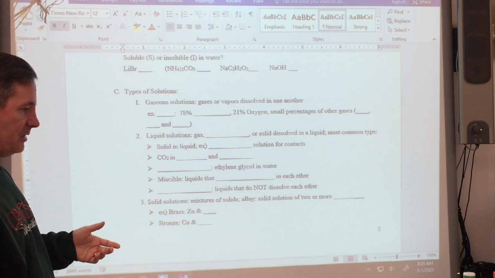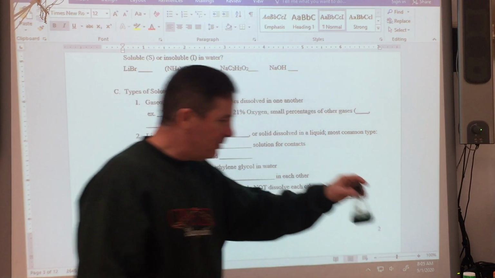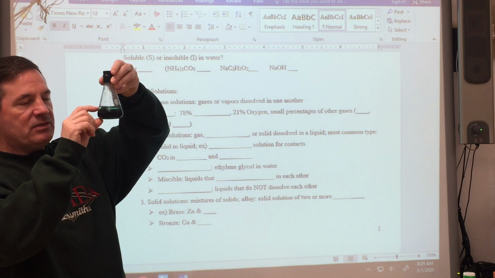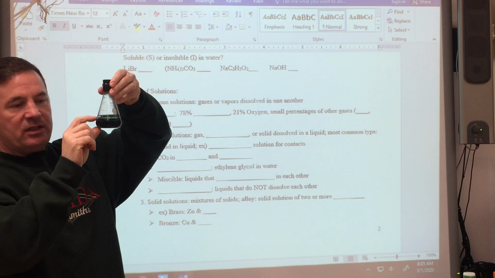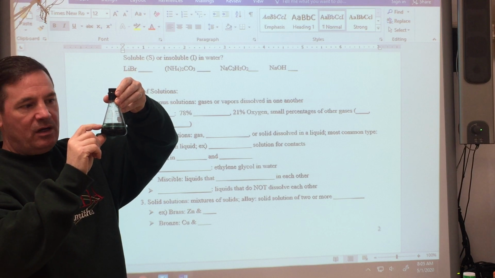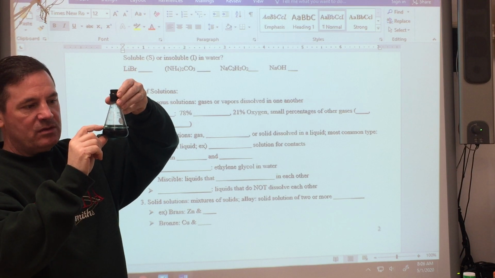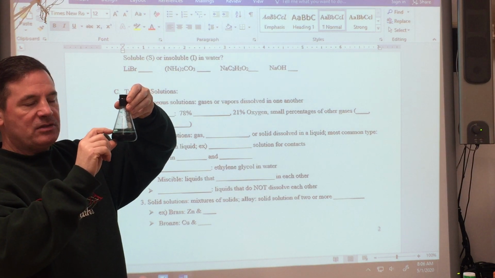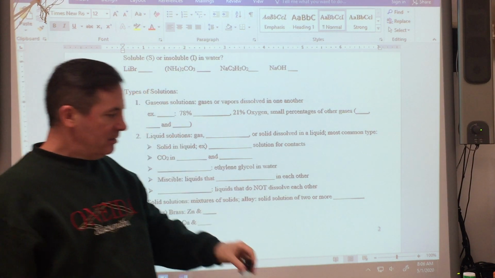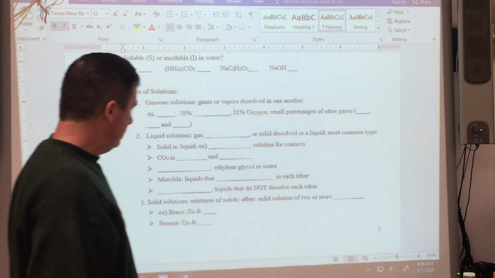So if I'm taking a couple of drops of gasoline and putting it in with this lighter fluid, then the gasoline would be the solute and the lighter fluid would be the solvent.